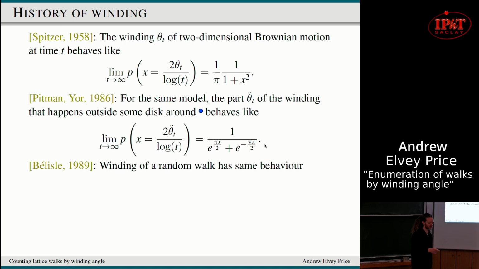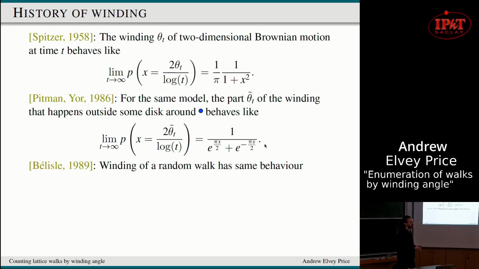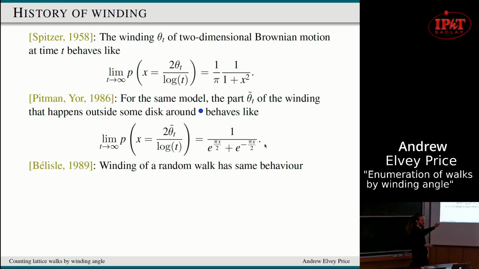But yeah, sorry, I should have clarified that for my models for walks, I'm going to say that the walk can't go through the origin. Or alternatively, you could just choose a point to wind around. Okay. So Belisle proved that winding random walks have the same behavior, but in that case, you have to choose a point that you know you won't pass through.